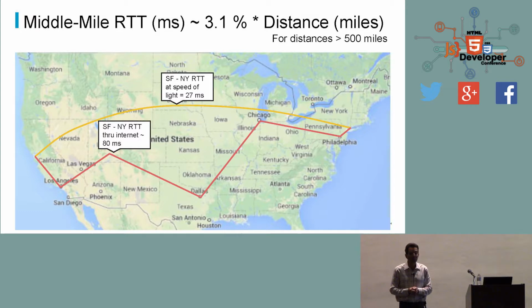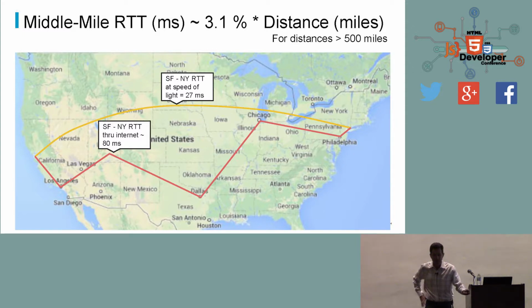At the speed of light, it would be 27 milliseconds, and the actual round trip time is about 3.1 times 2,500. You round it up, we're talking about 10% to 15% accuracy. But 80 milliseconds, and I'm sure people in DevOps here acknowledge, talking about round trip time only, not the whole big result, round trip time is around 80 milliseconds.